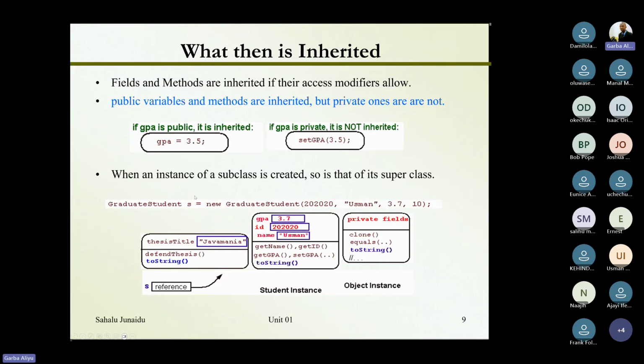So at what point? This is a creation of an instance, that is, an object of the graduate student class with the parameters. I think I've demonstrated a similar example in our last week's class. We created a bank account, savings account as an example, where we differentiated and added some values there.